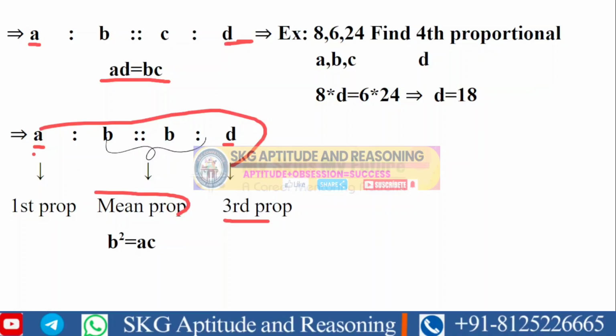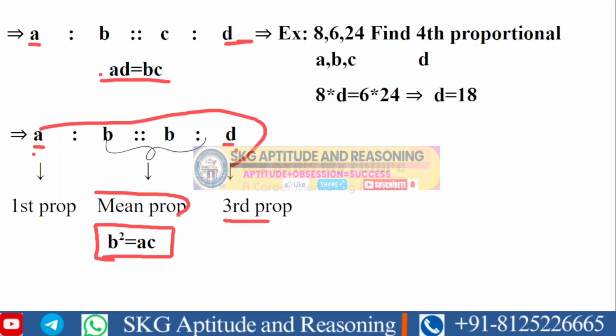A and D are the extremes, and B and C are the means. The product of extremes equals the product of means, so I get AD equals BC. Similarly, here we get B square equals AC. This is another formula you need to remember.